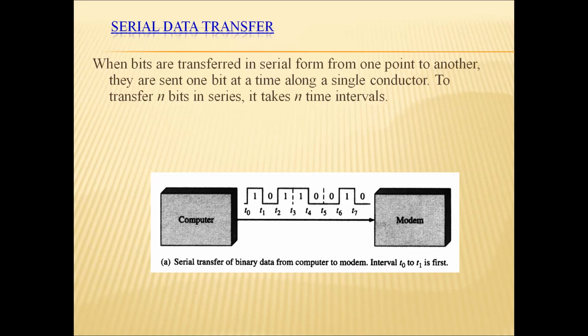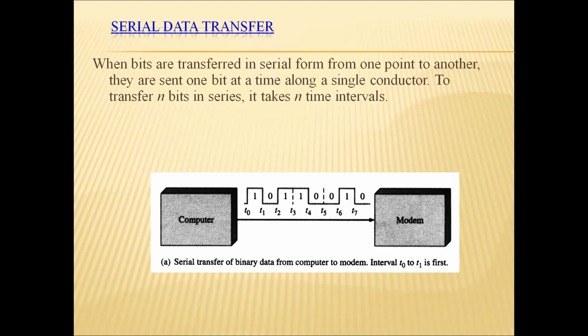So what do you mean by serial? That means they are sent one bit at a time. You cannot send multiple bits at a time because that will be parallel again. So in serial, you have to feed serial bits, one bit at a time over a single conductor. So it's a very straightforward calculation: to transfer n bits in series, it requires n time intervals.